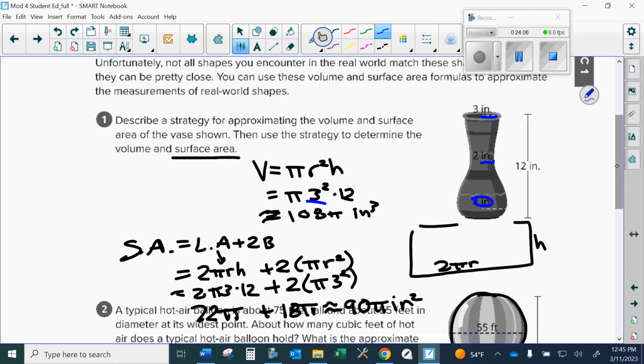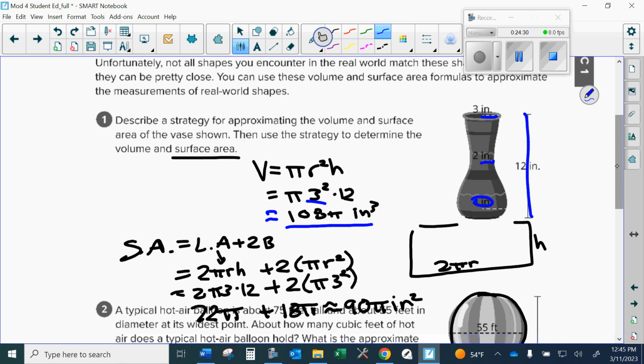Pi r squared, and then h, the height right there, 12. So the exact answer would be 108 pi. That's exact, if we're following that. Of course, it's an approximation. It's not truly exact. It's not an actual cylinder. So that's probably why I had approximation here, because we just approximated using the 3 there.